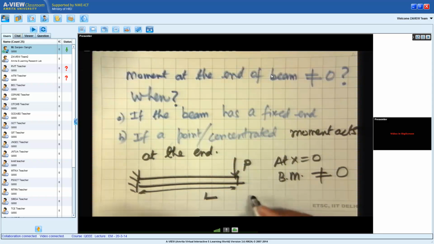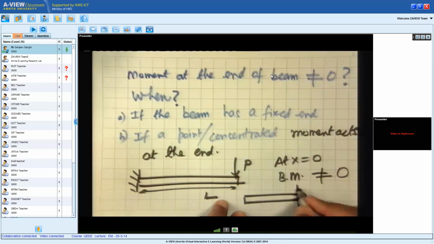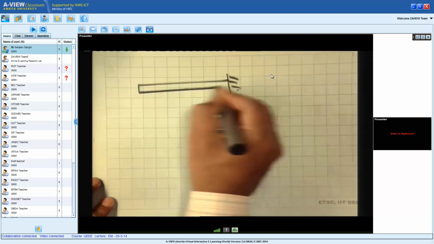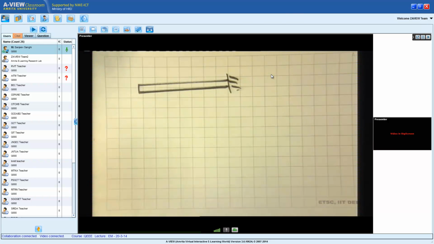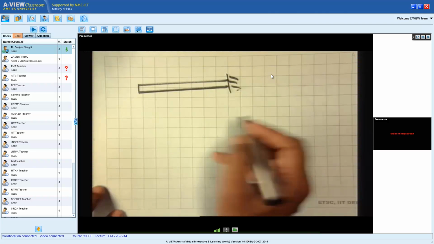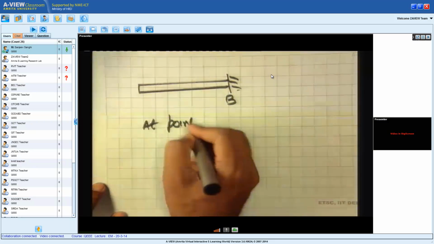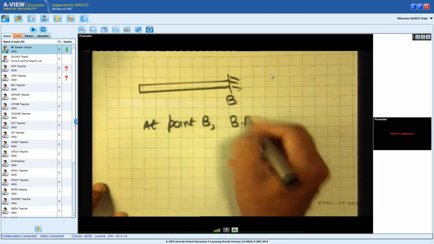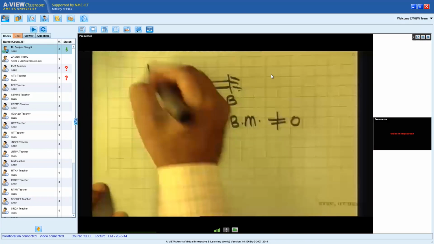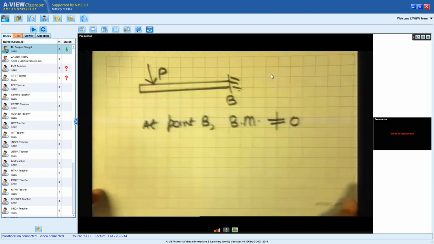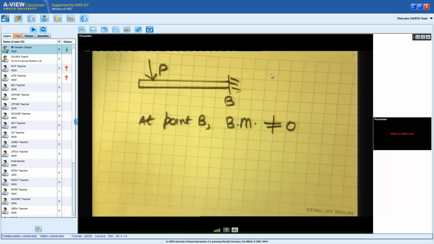So similar to this, if you have a beam like this, so let me put it on a new page, the last thing, if we have a beam of this type, now here what will happen is, at the point B, in general, if it's a loaded beam, unless you happen to have some special case that this happens to be 0, at the point B, bending moment will not be 0.